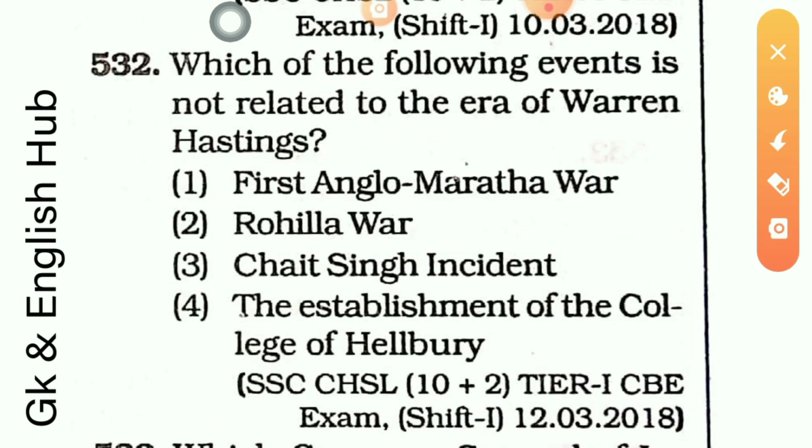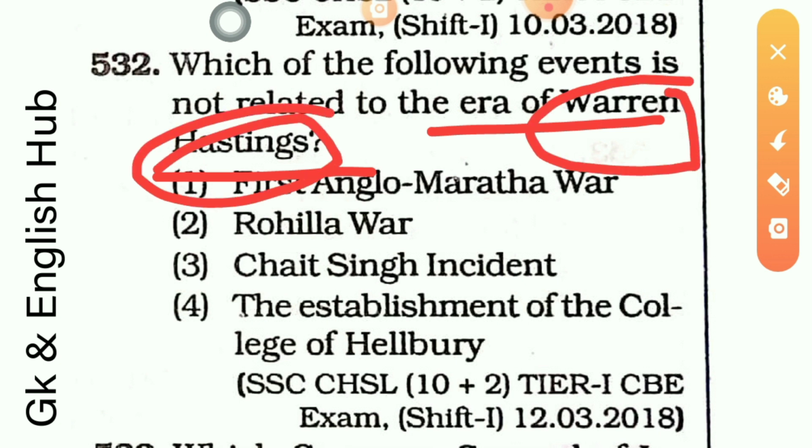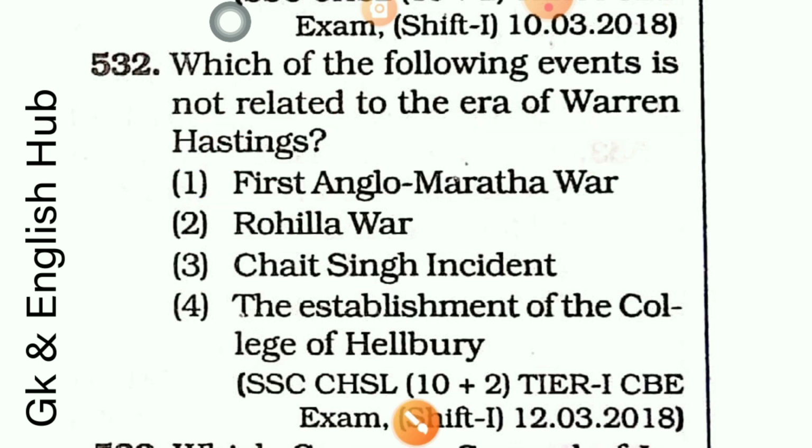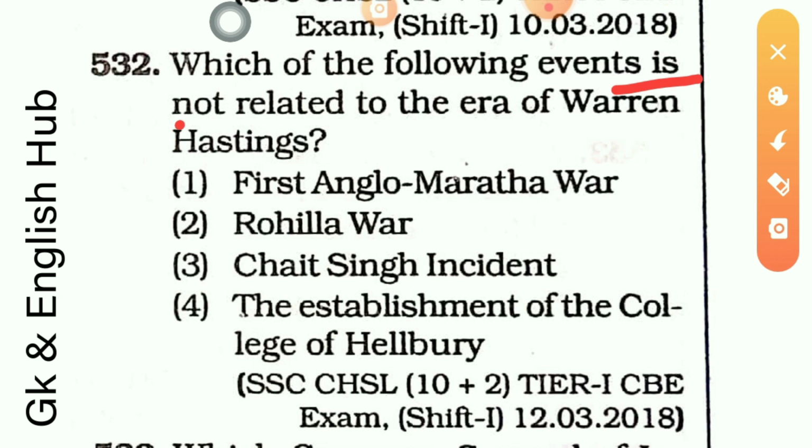The next question, 532. Which of the following events is not related? I already discussed Warren Hastings in the first questions. If you cannot recall, then just repeat the video. Here they asked which is not related.